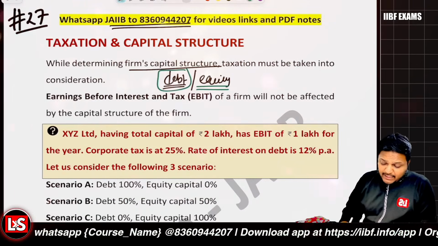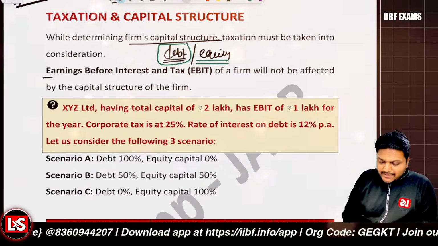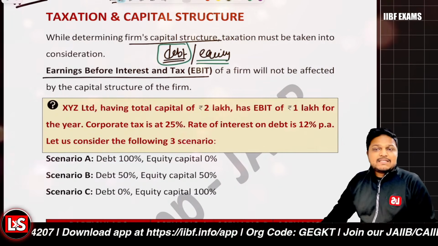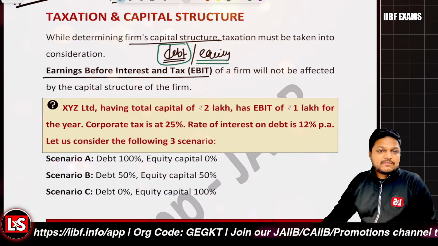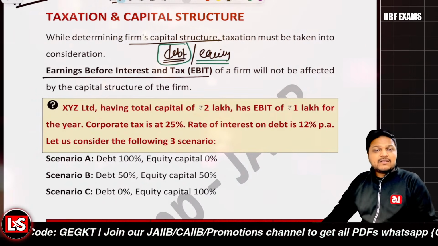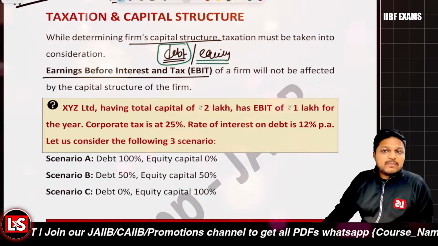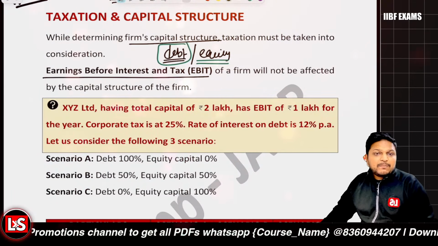Okay, and we need to understand the term EBIT. What is EBIT? It is earnings before interest and taxes, meaning even before the tax has been imposed. So it is basically the operating profit.